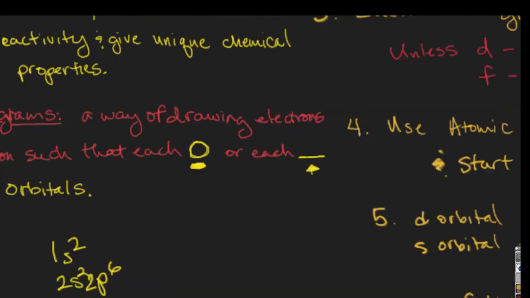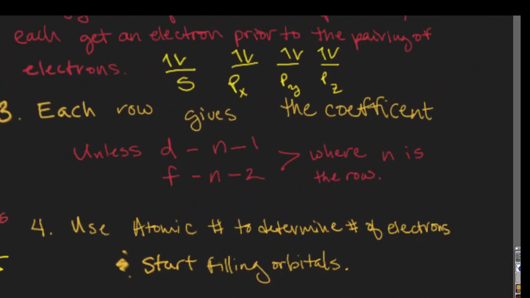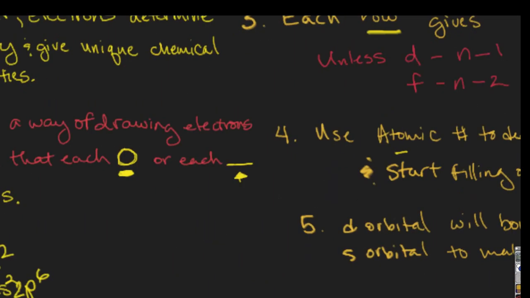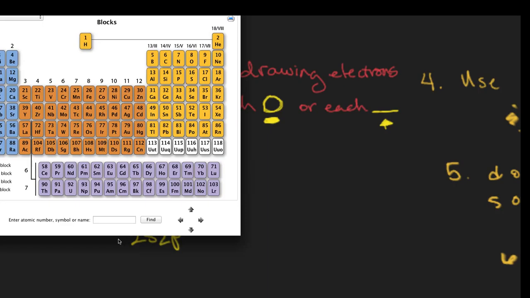Okay? So we should know that the atomic number, or actually I skipped a step, sorry. Each row of the periodic table gives you the coefficient for what I just wrote down. So that 1s2, 2s2, that's that principal quantum number, and it goes with the rows on the periodic table here.